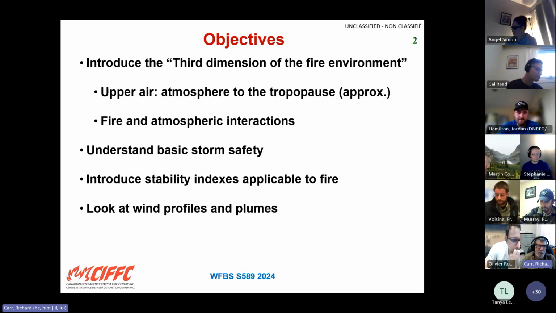We'll look briefly at fire and atmospheric interactions. You'll see a bit more of those this week in other modules. We'll look at basic storm safety, introduce some stability indexes, and there are a lot of them. Most are more applicable to shower or thunderstorm development, but we'll also take a look at the Haynes Index, which was developed for fire. And we'll take a bit of a look at wind profiles and plumes.